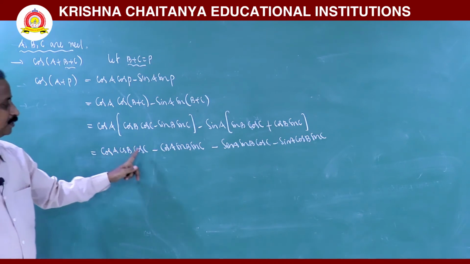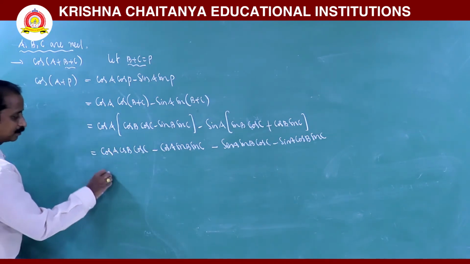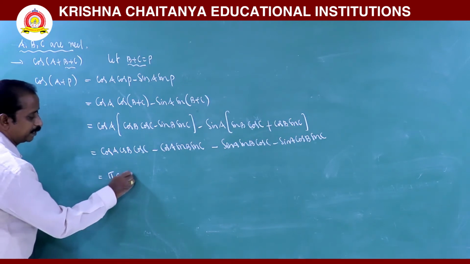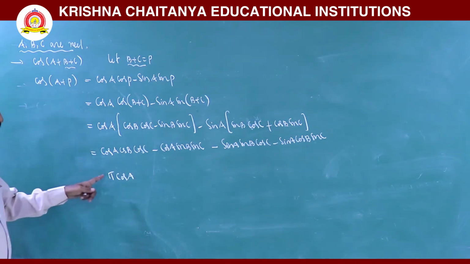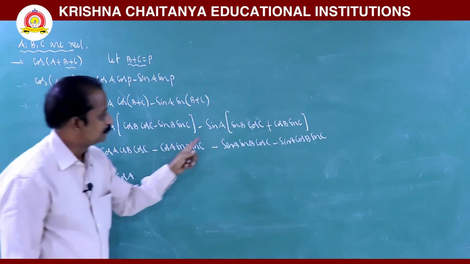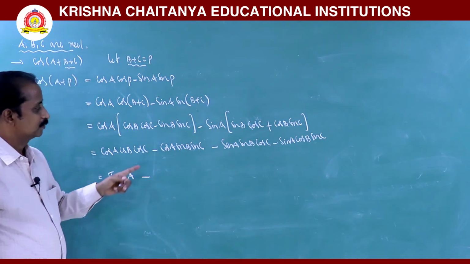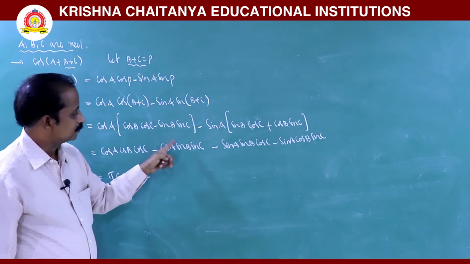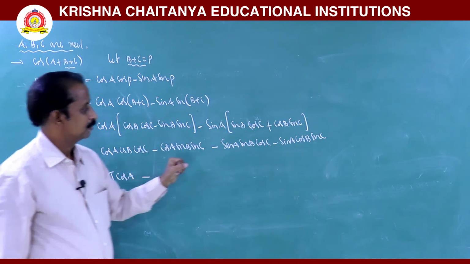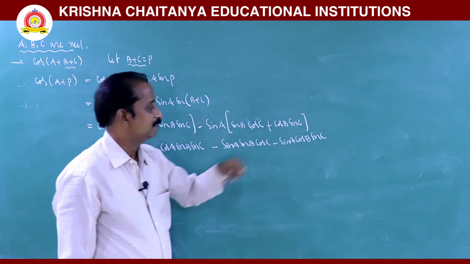The first is cos A into cos B into cos C, which is the product; I can write it as pi of cos A. So pi of cos A is nothing but cos A cos B cos C. Then observe these three terms have a common minus: cos A sin B sin C, sin A sin B cos C, sin A cos B sin C.